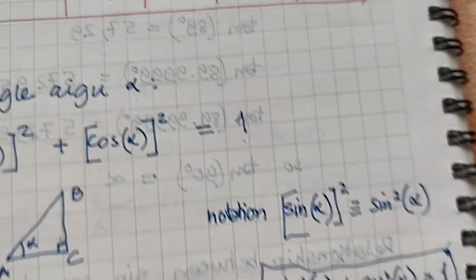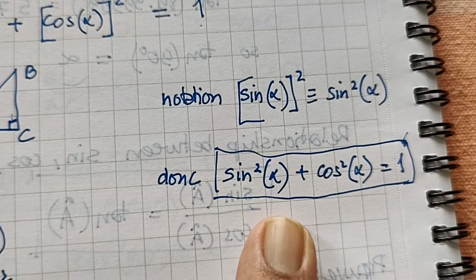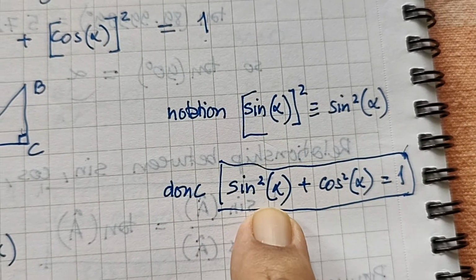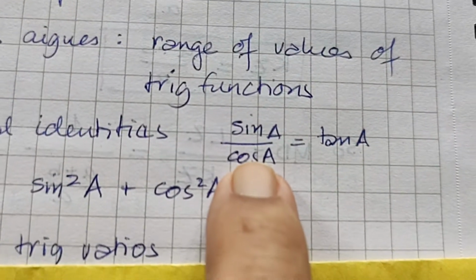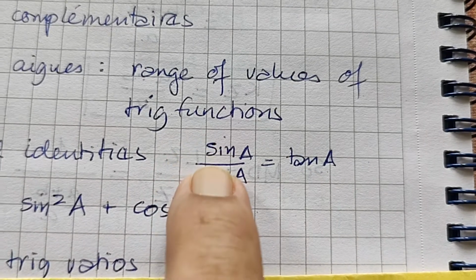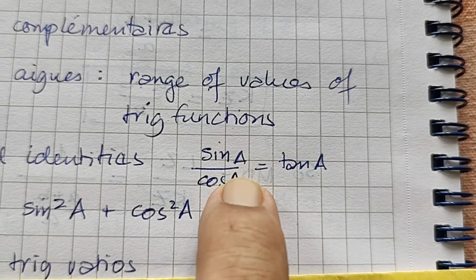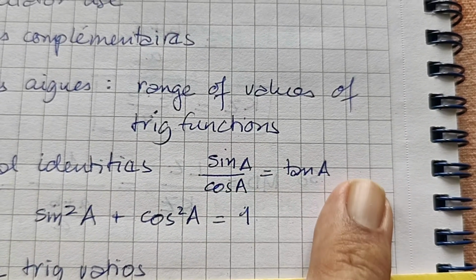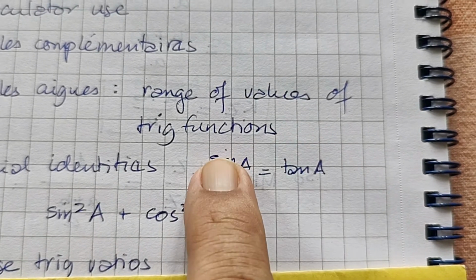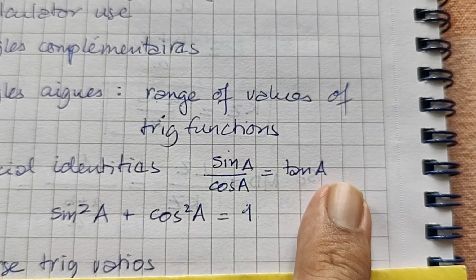So these are identities. Remember what are identities? Identité, that means they are true for any value that you plug in there. Similarly, sine of A over cos of A is equal to tan of A is true for all values of A. C'est une égalité qui est vraie pour tout valeur de A.